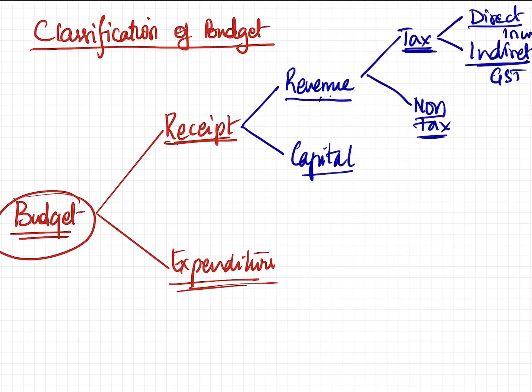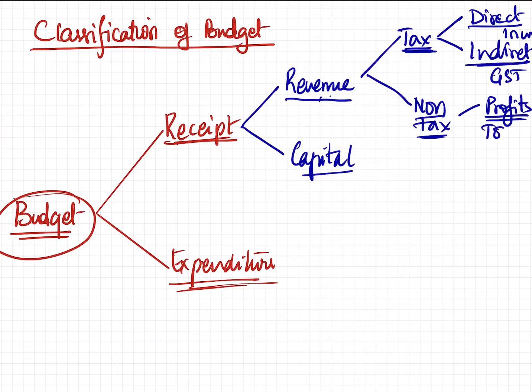Next, you have non-tax revenue receipts. Any other revenue receipt other than the taxes is called non-tax. So what are they? They can include profits. The government will make profits from various investments. Like the government would have invested in factories, in businesses, and the government will have property which it has given for rent. So all this profit that it gets is non-tax revenue.